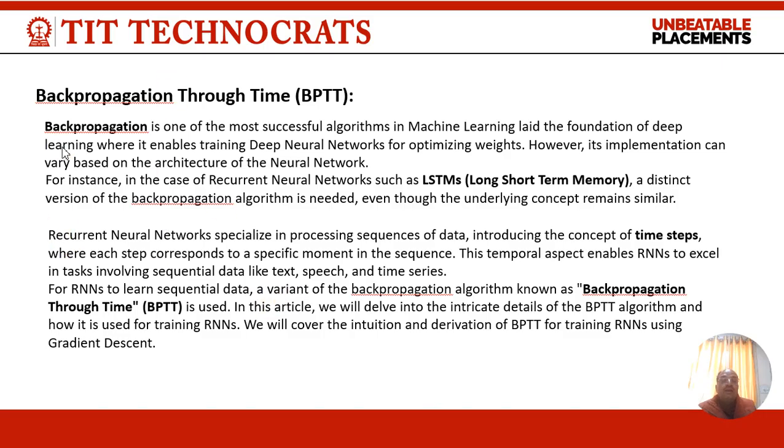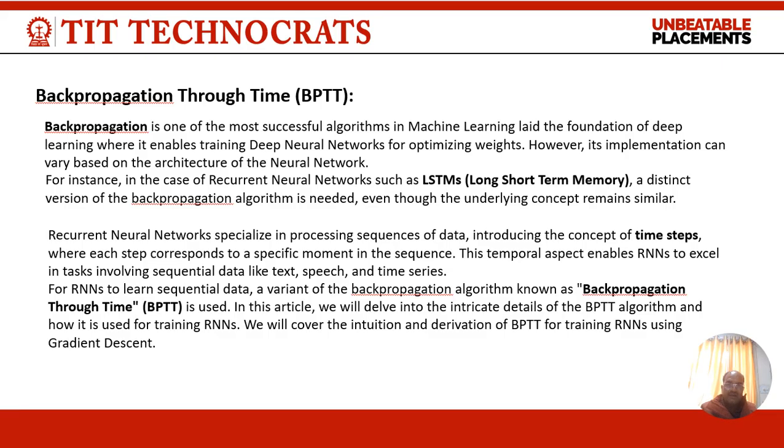Now, recurrent neural networks specialize in processing sequences of data, introducing the concept of time series, where each step corresponds to a specific moment in the sequence. This temporal aspect enables RNN to excel in tasks involving sequential data like text, speech, or time series.